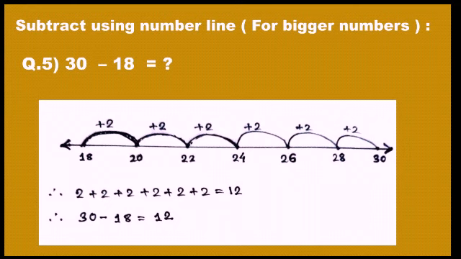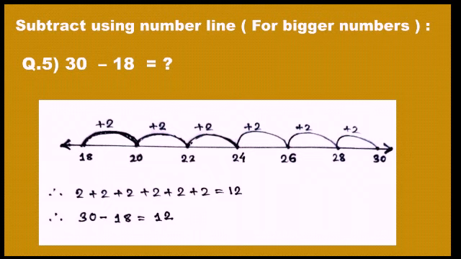We have to subtract 18 from 30. See, it is a very large amount. As we are subtracting the large numbers, we have to start with the small number, that is 18. Then we have to subtract it from 30. If we want to write from 18 to 30 in one-unit gaps, it will be impossible.